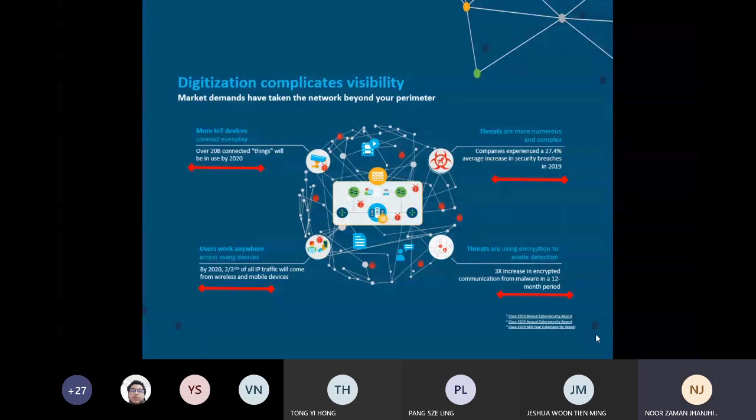You can see from the top right corner, the third red line shows that threats are more complex and more numerous: companies experienced a 27.4% average increase in security breaches. That was in 2019, and it will increase in 2020.